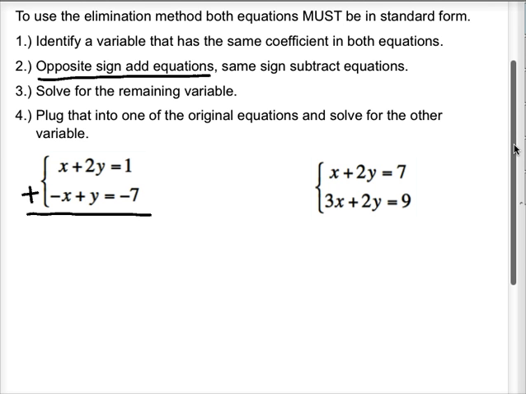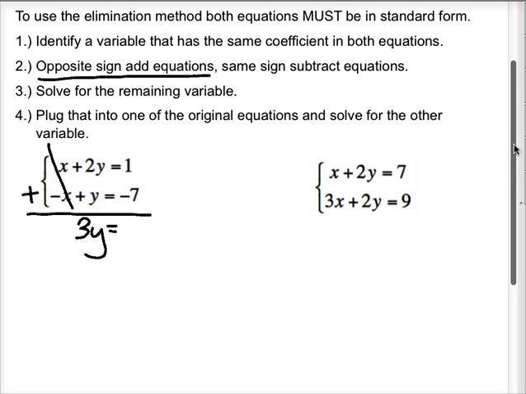So I'm going to take the complete equation and add it. So here, x plus -x, so x minus x, cancels off. It is eliminated, okay? And again, that happens because we focused on it, because I had the same number in both equations.